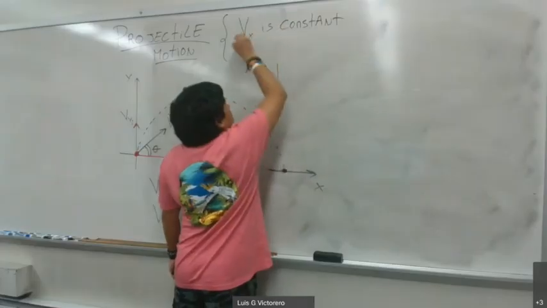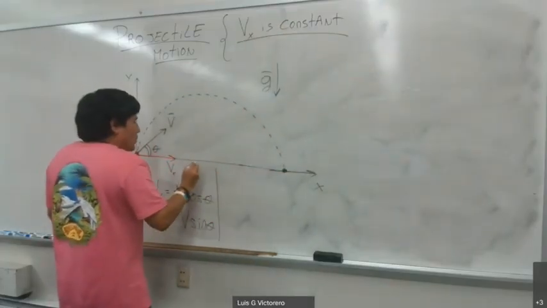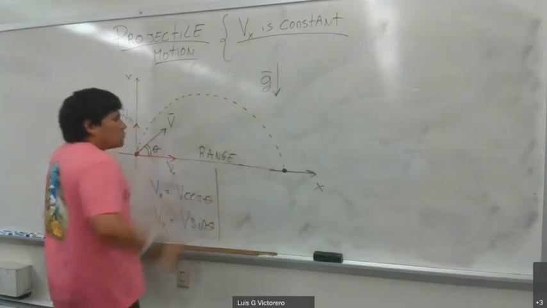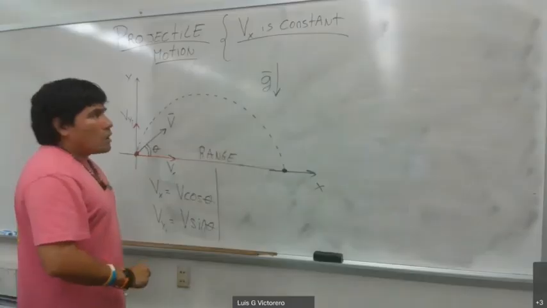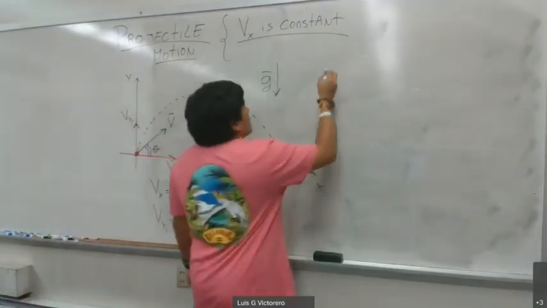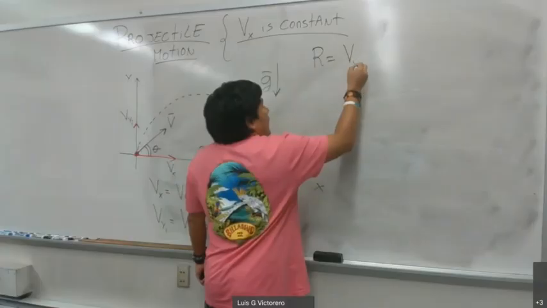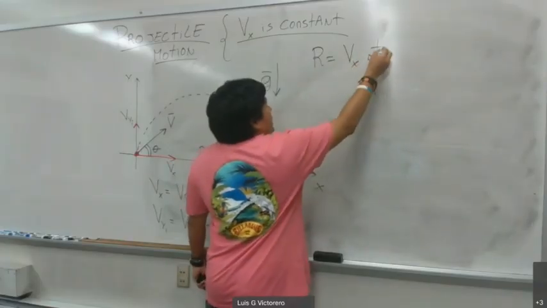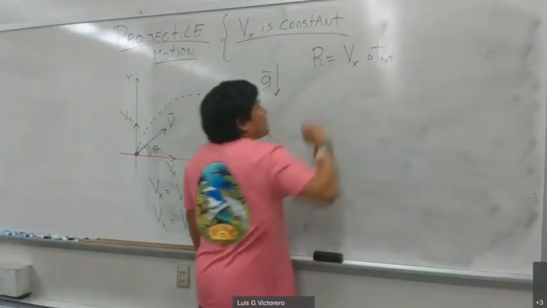So my first equation I can write is for what we call the range. You probably know that from projectile rocket launching. That's called the range. We label it R. R equals Vx times delta t, where delta t is the total time. In fact, let's put here total.